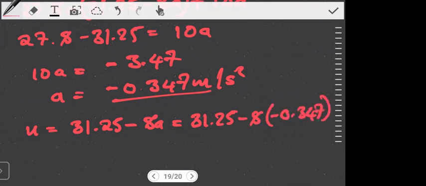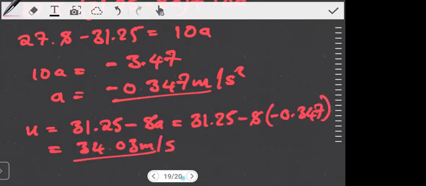So if we simplify this, we get the initial velocity as 34.03 meters per second. So this becomes the initial velocity of this particular motion. But now that we have the initial velocity and the acceleration, now we can actually continue to get what the question was asking us to find all along.